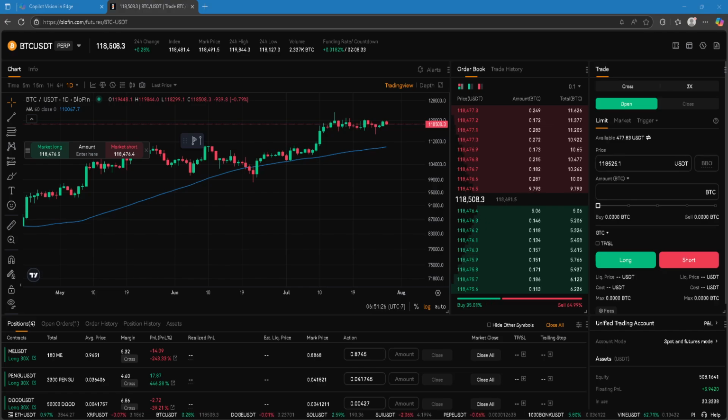To me, low time frame looks like we're coming back down to at least this 118,220 level. Could be lower, but let's see, the 2 hour top out. Didn't really, we got a big higher low from this area, but not really in price action, as you can see there.